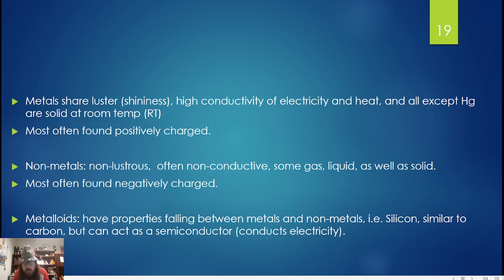However, it conducts electricity far better than carbon does. It's very similar to that of a metal, which is why silicon is used as a semiconductor in chips and in electronics. So with that in mind, that's where we'll stop for now.